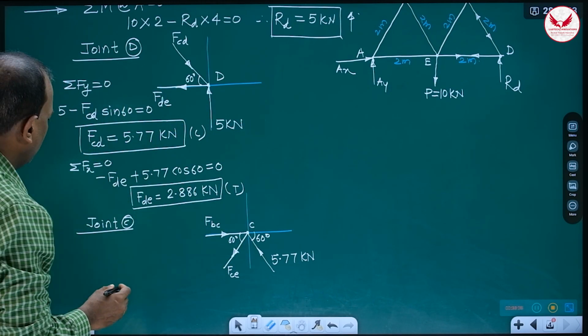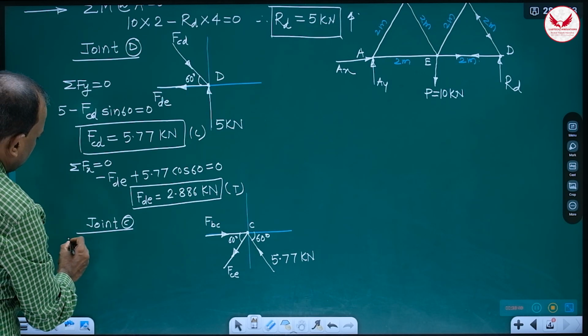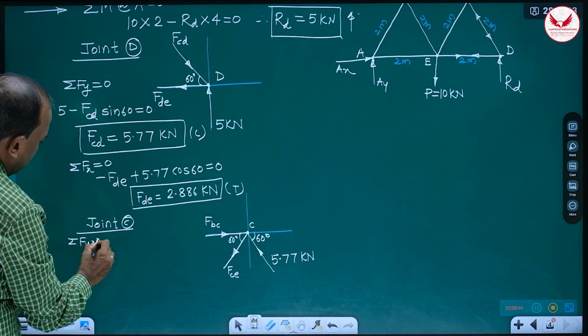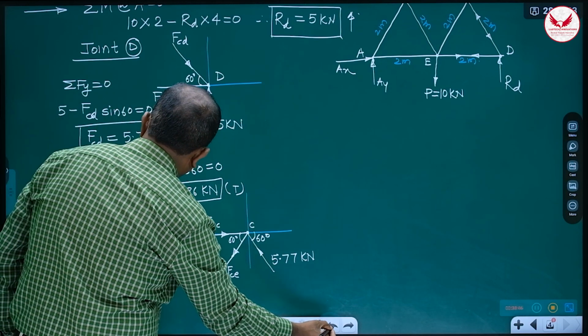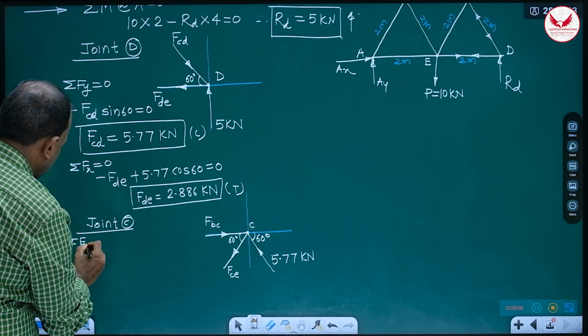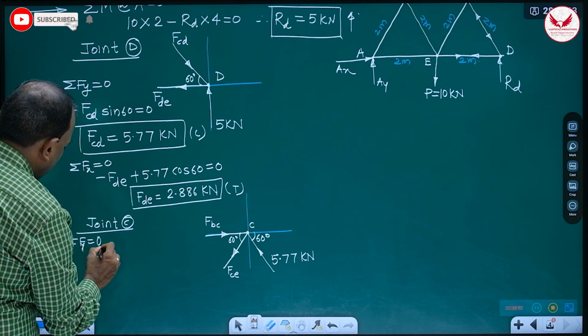Now unknown is horizontal. First condition will be summation Fy is equal to 0.